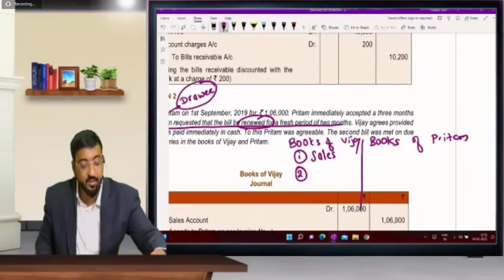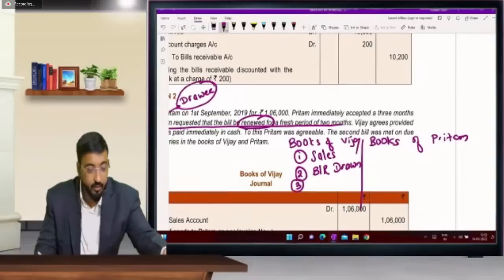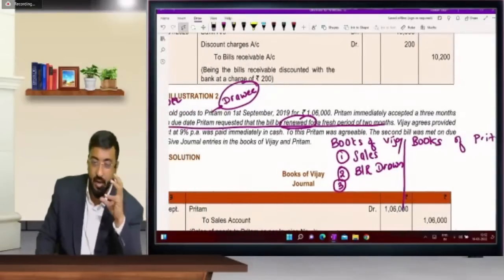First understand the sequence. Now, what is the second entry? Bills receivable drawn, bill drawn. Third entry, beta, renewal. Now, what happened? Understand.